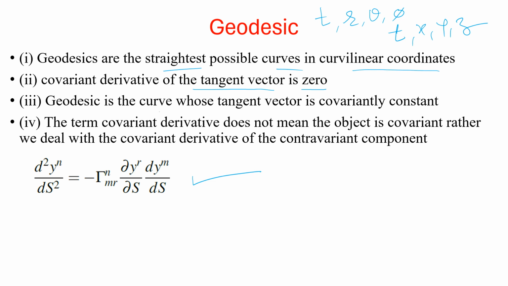A geodesic is a curve whose tangent vector is covariantly constant. The term covariant derivative does not mean that the object is covariant. Rather, we deal with the covariant derivative of a contravariant component. So this is the equation of the geodesic.